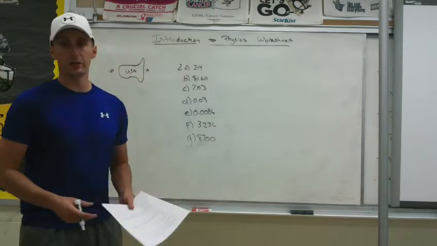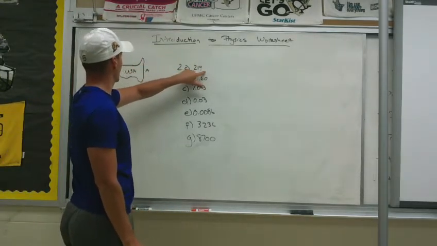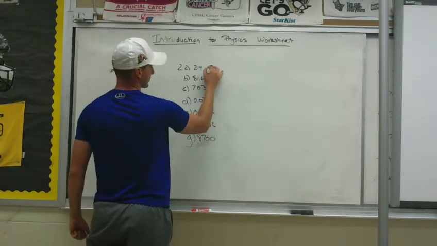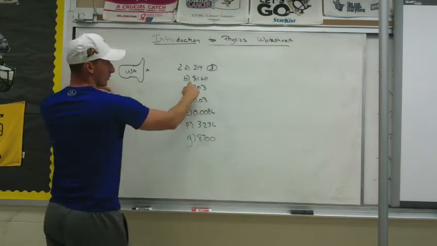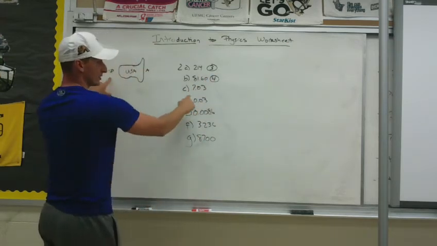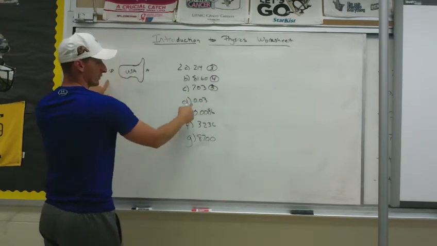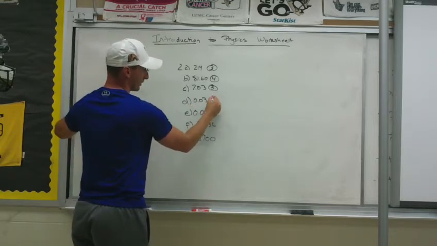It asks for sig figs. Point is absent, so I start from the right. First non-zero, well, they're all non-zero, so that's 3. Point is present, start from the left: 1, 2, 3, 4, so 4 sig figs. Point is present, start from the left: 1, 2, 3. Point is present, start from the left. These are zeros, then non-zero. This only has 1 significant figure.